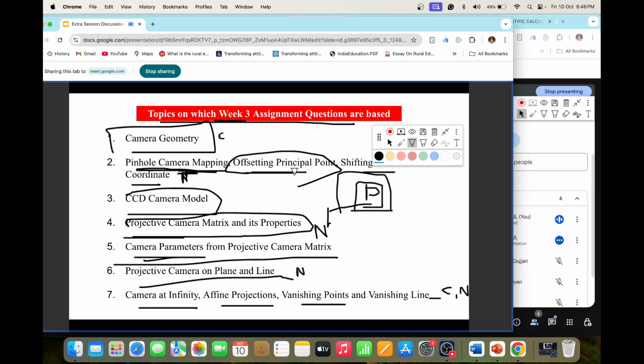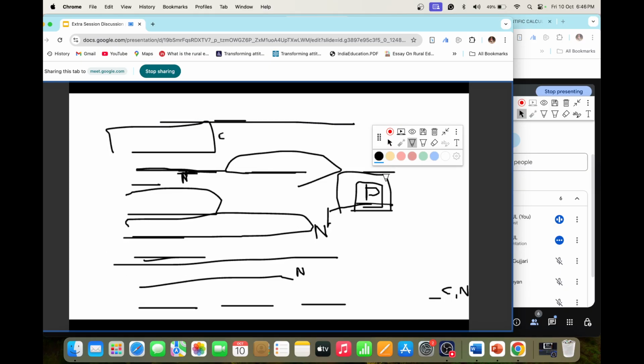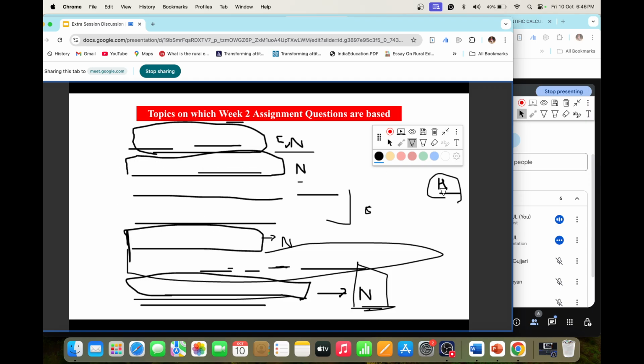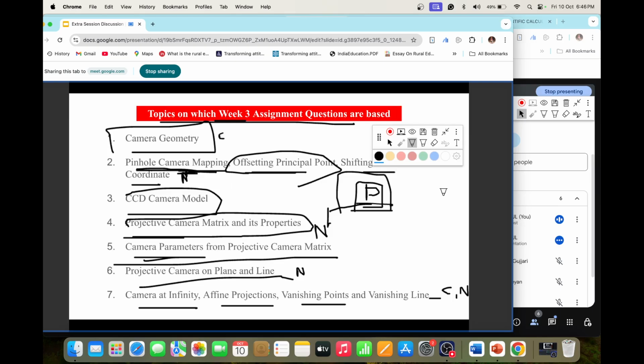For every camera you get a different camera projection matrix, or P. The dimension of the H matrix is 3 cross 3, but the dimension of the P matrix is 3 cross 4. For each of the pinhole camera, offset principal point, shifting coordinate as well as the CCD model, you will get a different P value, that is the camera projection matrix. Both these things are very important from a numerical point of view.